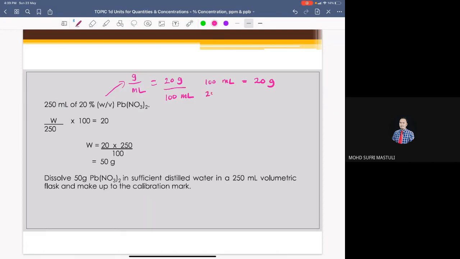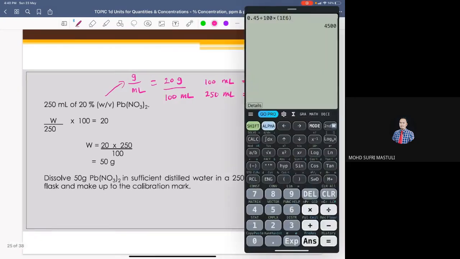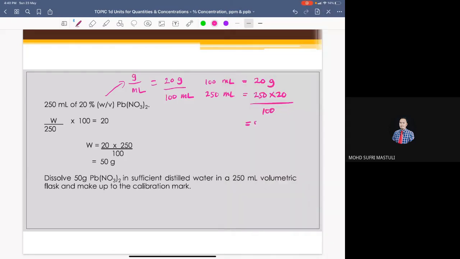So 250 ml, it should be 250 times 20 divided by 100, which is 50 gram.